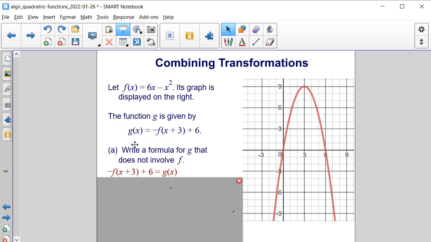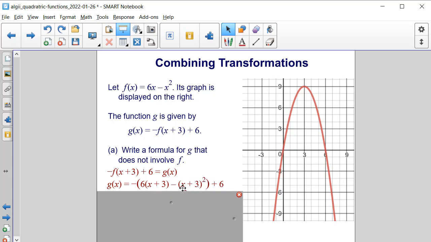So g of x is equal to negative f of (x plus 3), plus 6. So first put the negative out in front of everything, and then wherever there's an x in the original function, place an x plus 3 in its spot. So we have 6 times (x plus 3) minus (x plus 3) quantity squared.